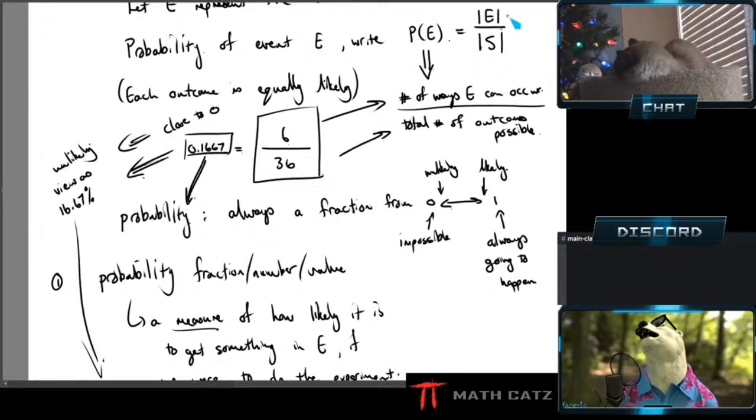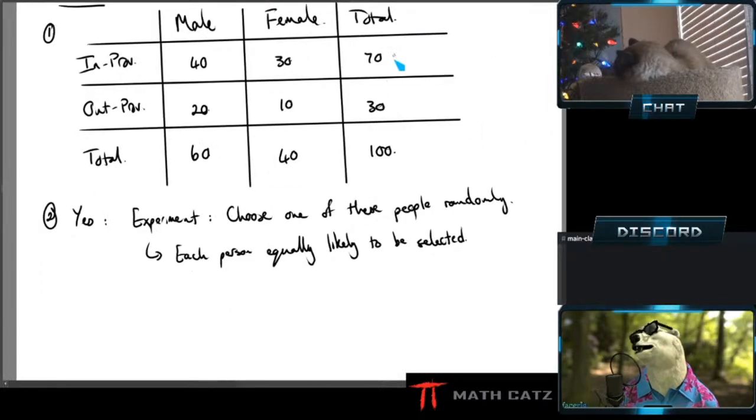And then I simply count how many ways I can get what I want, divided by all possible ways. If I don't have equally likely outcomes, well, then this is a very different story, and we can't even touch that. But in this case, I certainly can mix up the people, select them randomly from a list, or however you want to do it. So I certainly can think of this as a probability.